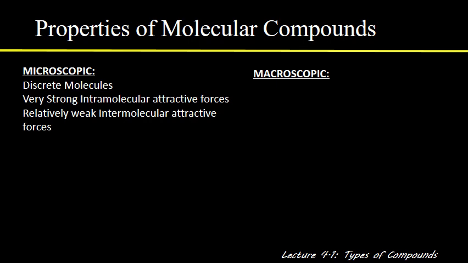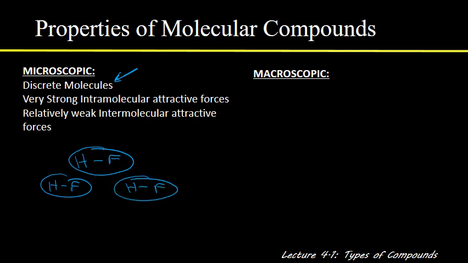All right, so let's look at the microscopic and macroscopic properties of molecular compounds. As we said before, unlike ionics, they exist as individual discrete molecules. So if we have a bunch of HF, a bunch of hydrogen fluoride, there are going to be distinct hydrogen fluoride molecules rather than a random collection of hydrogens and fluorides.